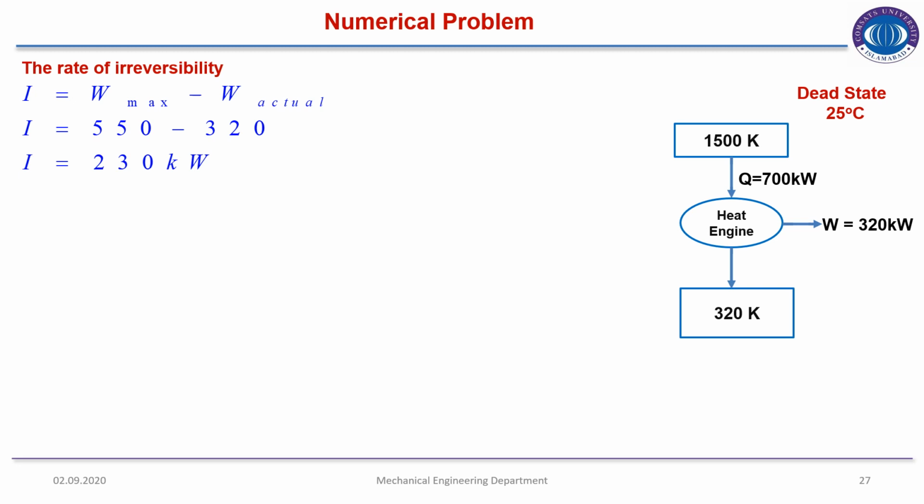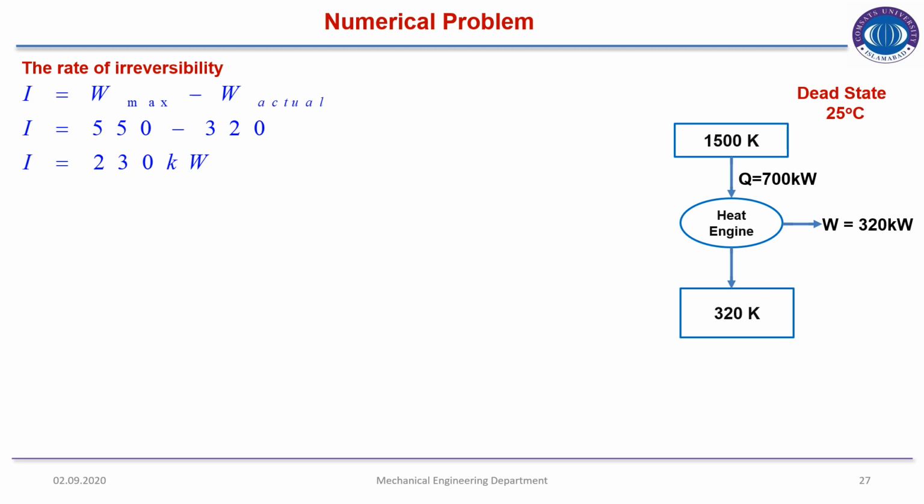So the rate of irreversibility. Irreversibility is represented with the symbol of capital I, that is equal to the difference of maximum work minus actual work. The actual work produced by the heat engine is 320 kilowatt, given in the statement, and in the previous step we have calculated the maximum amount of work.